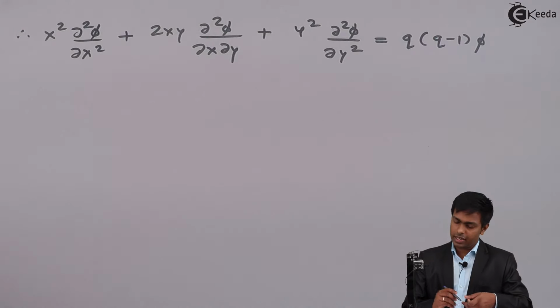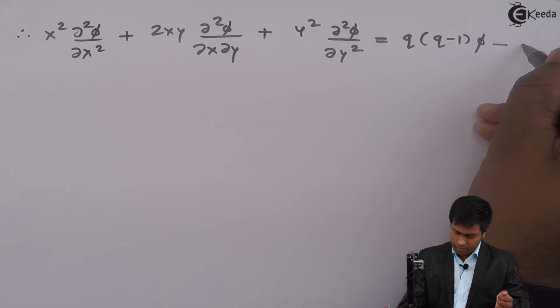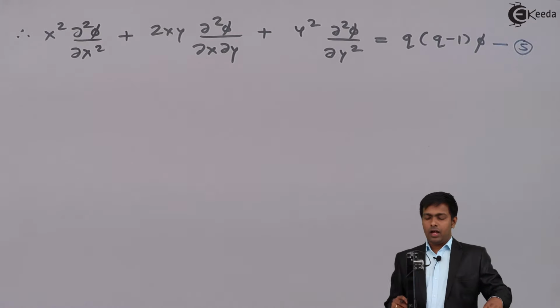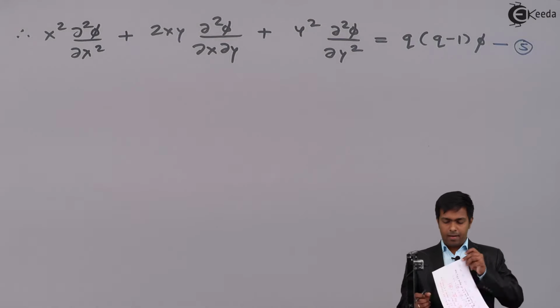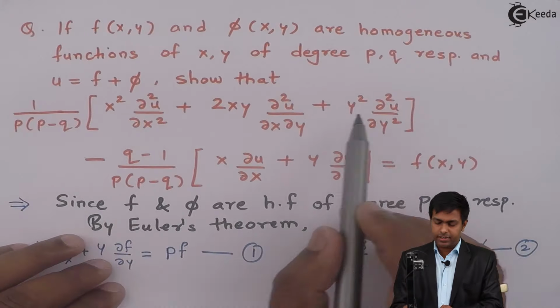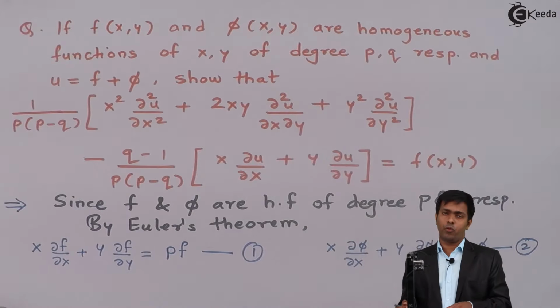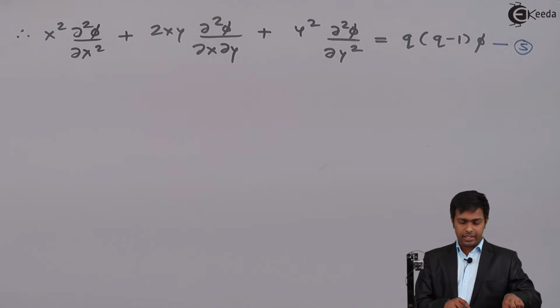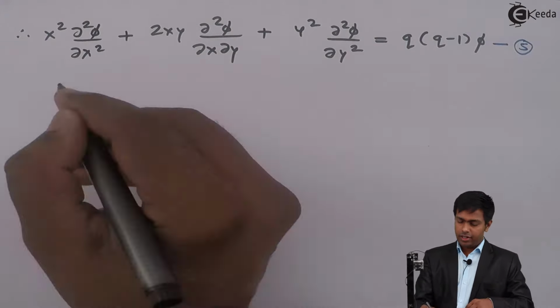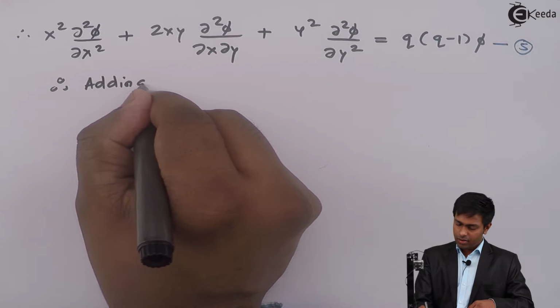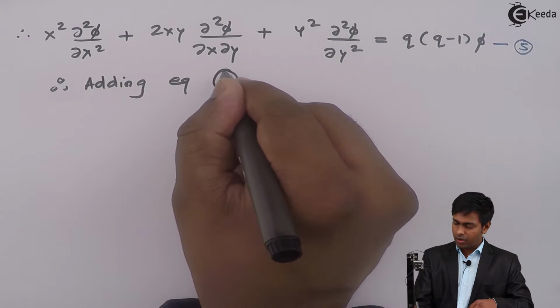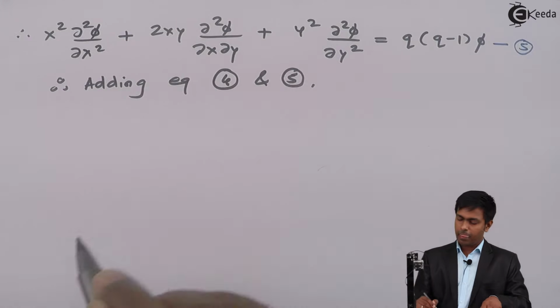We'll say this as equation number 5. After that, to get the bracket term we have to add equation number 4 and 5.